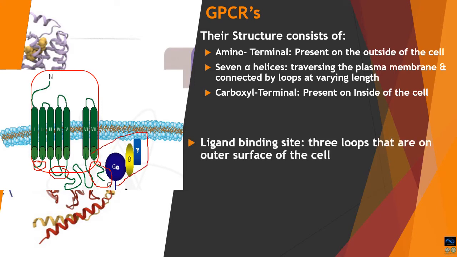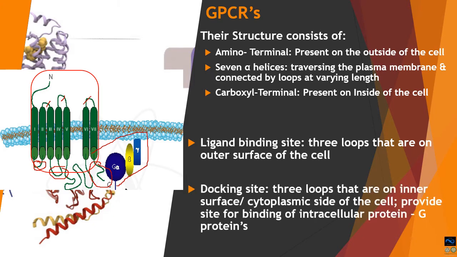It has a ligand binding site. The ligand binding site has three loops on the outer surface of the cell, which interact with the ligand or hormone. Then there is a docking site, which is also made up of three loops present on the inner surface, the cytoplasmic side of the cell.